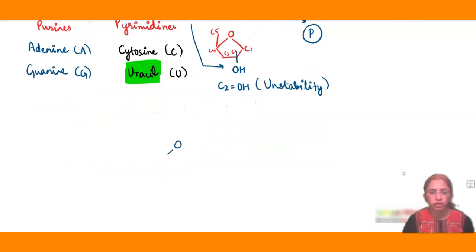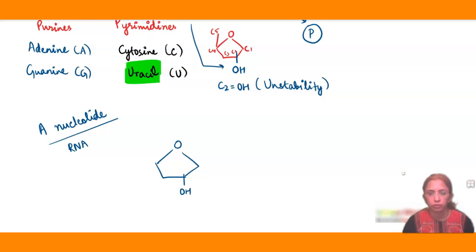Here also the nucleotide will be formed by combination of the glycosidic and the phosphodiester bond. Same rules will be applied here. So if you are going to make a nucleotide of RNA, of course the sugar in this case will be a ribose one.